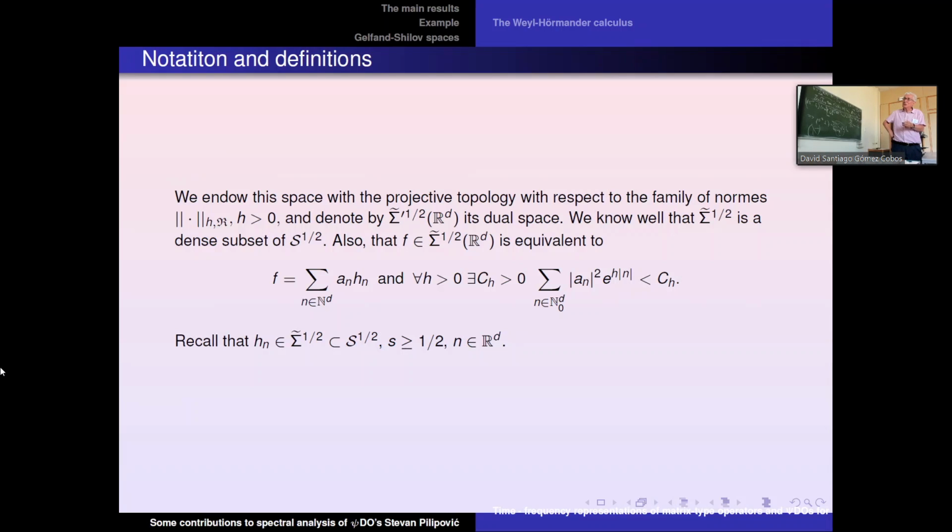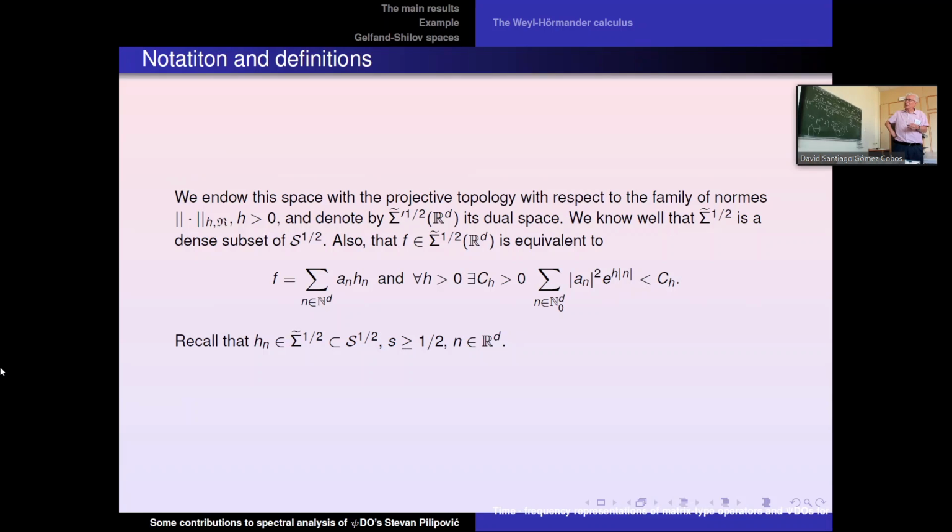But you know, S1 half is defined by the differentiation and product with polynomial, as in the case of Lumiere. And here, this one was defined by harmonic oscillator. So this is the main difference in how I came to that space.